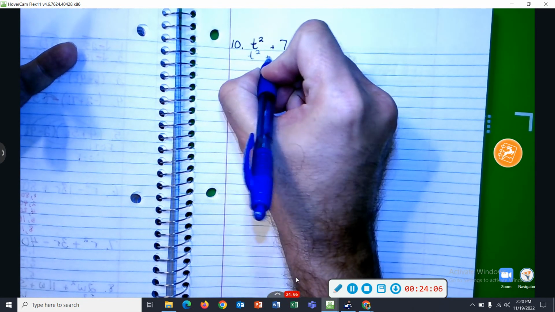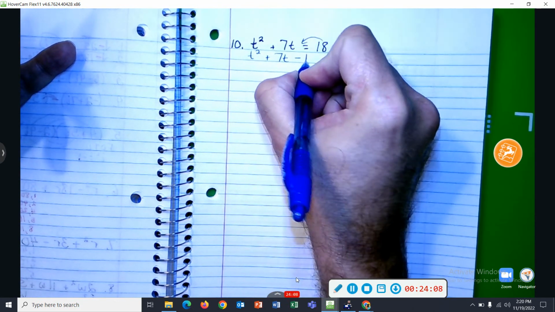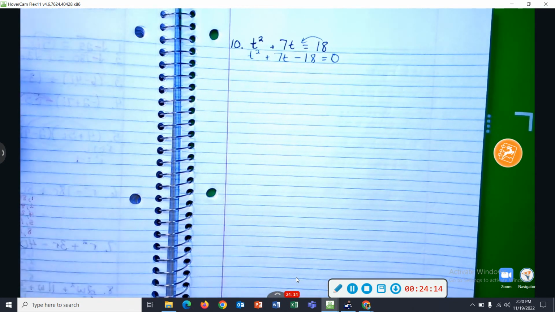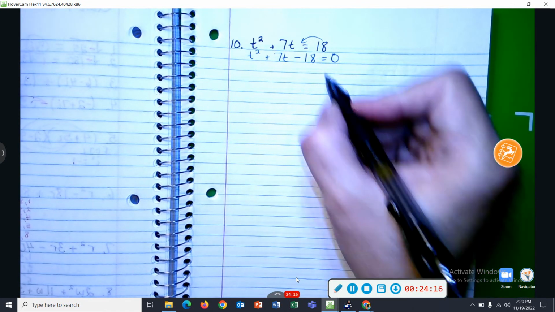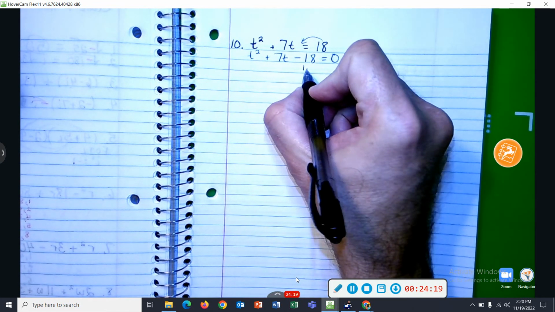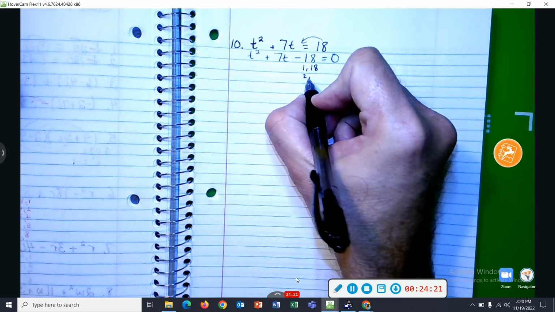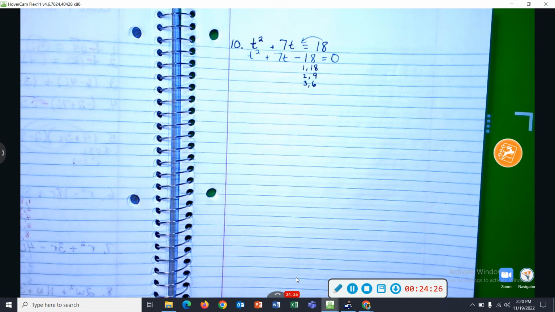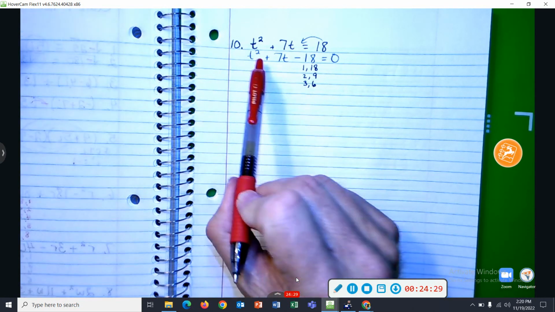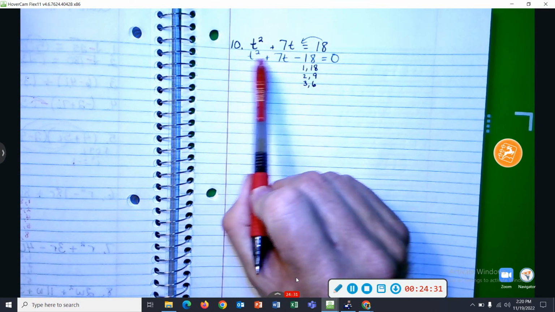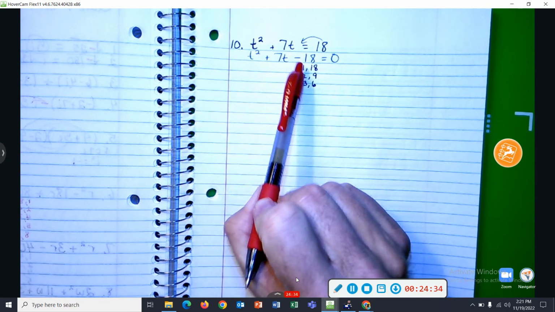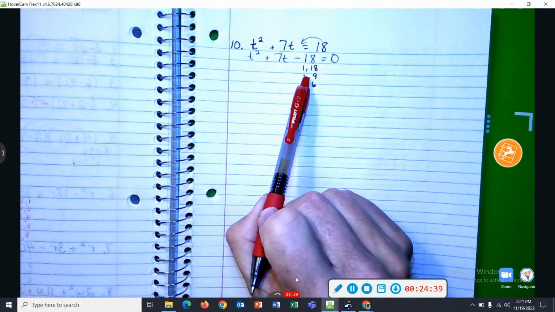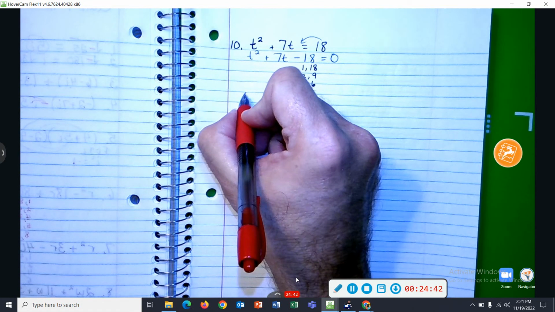T squared plus 7t minus 18 equals 0. Well, numbers that multiply together to give 18: 1 times 18, 2 times 9, 3 times 6. This is a trinomial that's easy to factor because there's not a number in front. So you just look which pair of numbers subtract to get that middle term. I'm thinking it's going to be the 2 and 9 that work out.